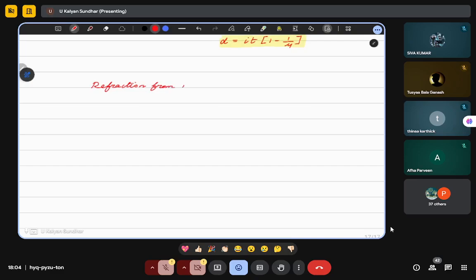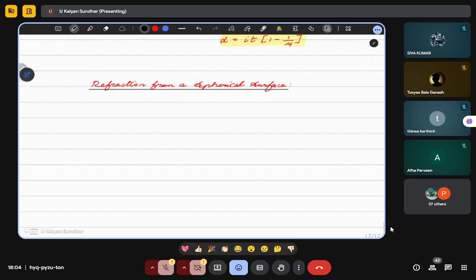from a spherical surface. A light is traveling from a rarer medium to the denser medium. So this is a denser medium, and this is going to be your principal axis.